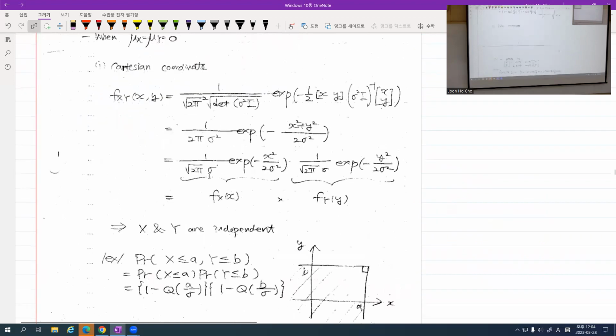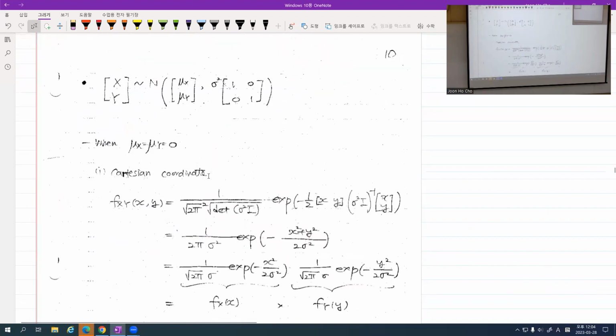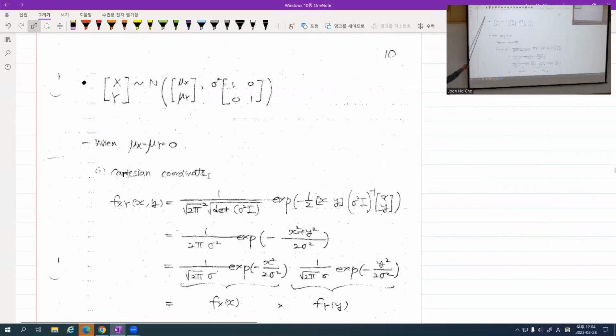Okay. And now let's see some interesting results related to Gaussian, especially when we have x and y uncorrelated. So here goes the two-dimensional case. So far, we studied the 1D case, right? Of course, in order to bound the Q function, which is 1D, we kind of increased our dimension into 2. Anyway, now we really consider the two-dimensional case.